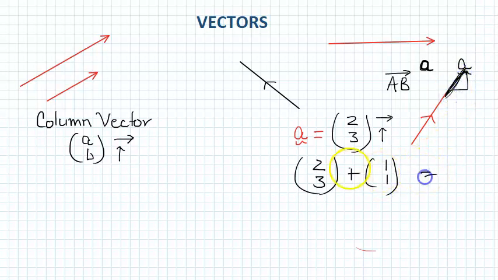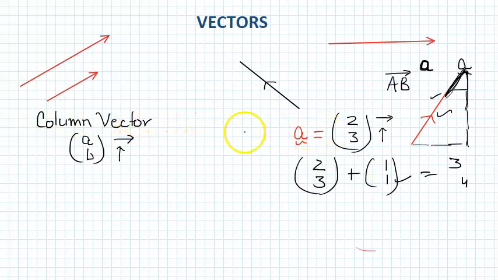If you add it, you can see 2 plus 1 is 3, 3 plus 1 is 4. So this is our resultant vector. Either it is written in this form or in this form, the meaning is the same. That is the first thing.